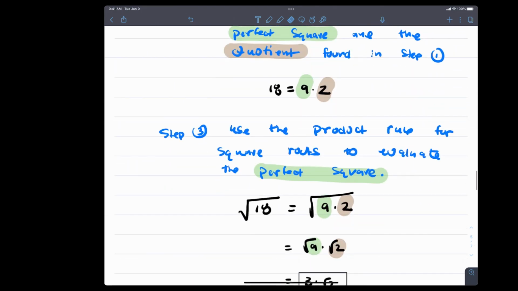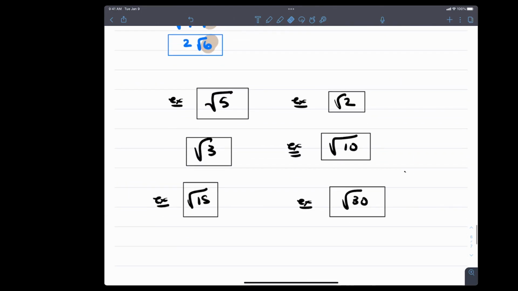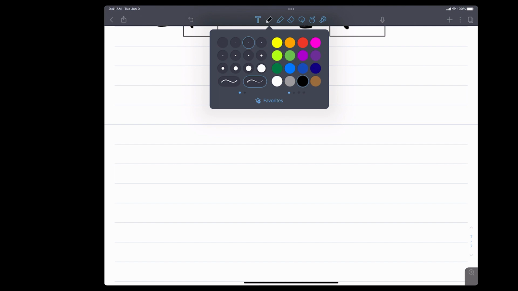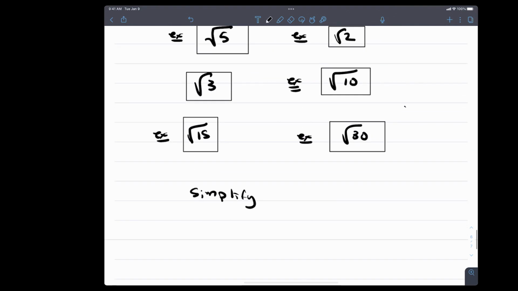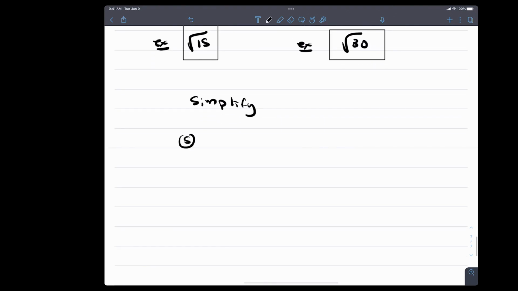Okay, let's give you guys some more here just to check you. This is number 4. We're going to do number 5 here. Square root of 22, 6.